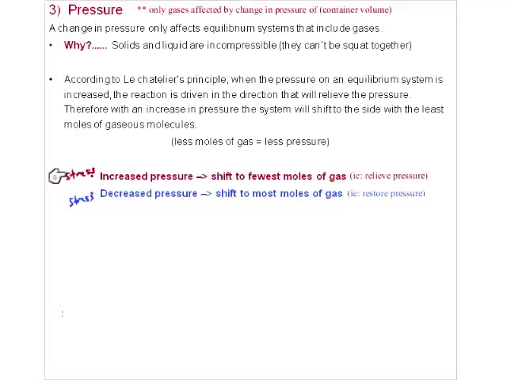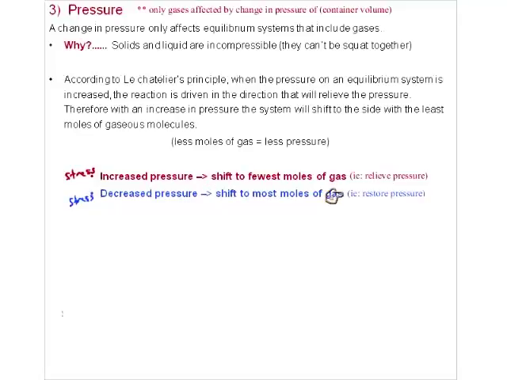All right, let's see what this has to say here now. Okay, so if we have a stress where we increase the pressure, Le Chatelier would say let's shift to the side with the fewest moles of gas. We want to relieve the pressure. If the stress is the opposite, we decrease the pressure, Le Chatelier is saying, hey, not enough pressure, let's make some more gas. More gas, more pressure. So if we decrease the pressure, we're going to shift to the side with the most moles of gas.